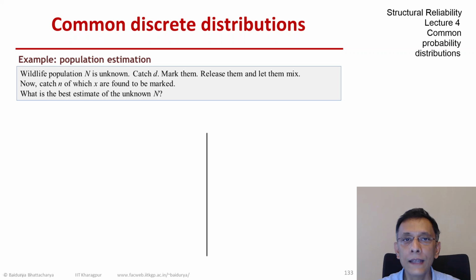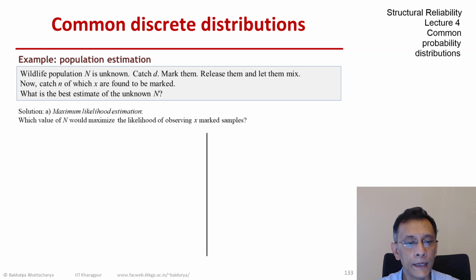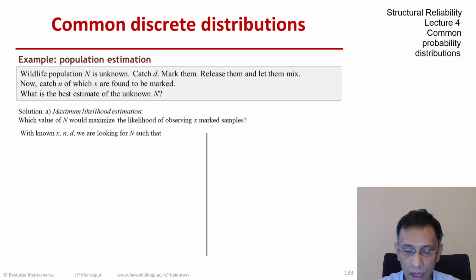Now I take a sample from this without replacement of size small n, and I find that out of these, x of them are marked. So I released d marked and x of them have come back. Now, what is my best estimate of the unknown capital N? There are two ways of doing this. The first one would be taking advantage of maximum likelihood estimation. So the question, simply put, is that I have the hypergeometric PMF, which is dependent on capital N, d and small n, but for what value of capital N is that PMF at its highest?